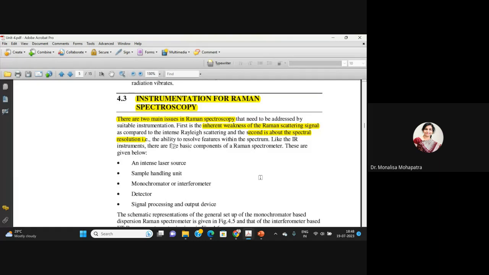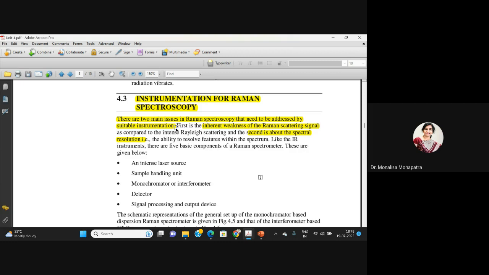Read this first sentence very carefully: they need to be addressed by suitable instrumentation.